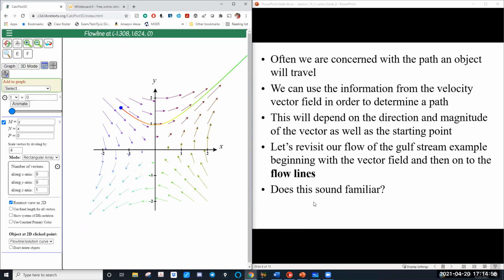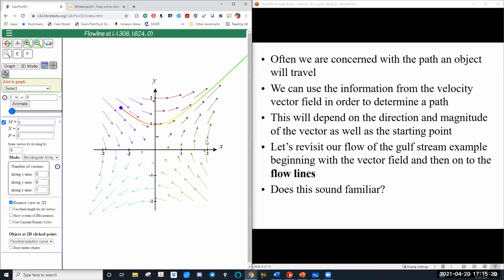Now, this should sound a little familiar for anybody who's done a little bit of work with differential equations. With differential equations, you create a slope field and then once you have an initial condition, which would be this point here, you have a path through your slope field. This is the exact same idea.